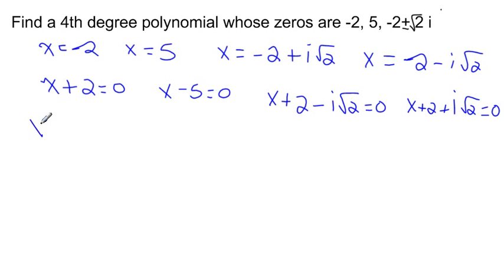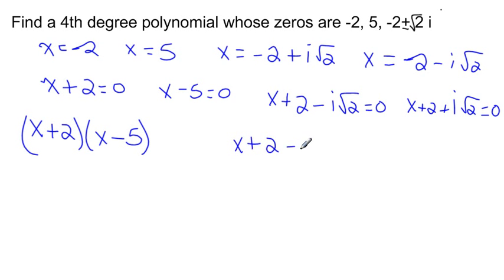Alright, so what we're going to do now is we're going to take all these and multiply them out. So the first thing here, I would do the x plus 2 times x minus 5. And over here, I'm also going to do the x plus 2 minus i rad 2 times x plus 2 plus i rad 2.